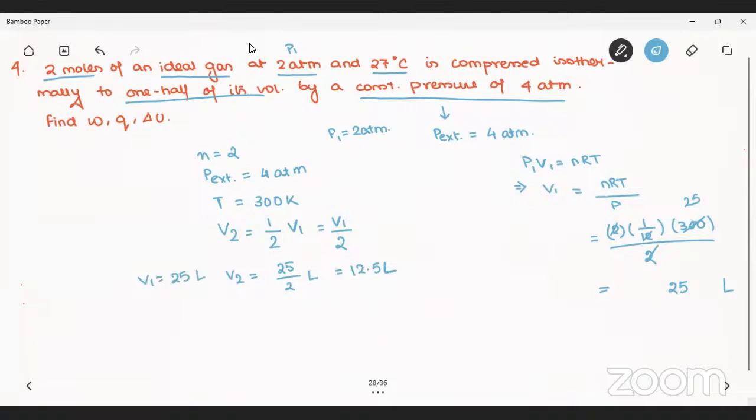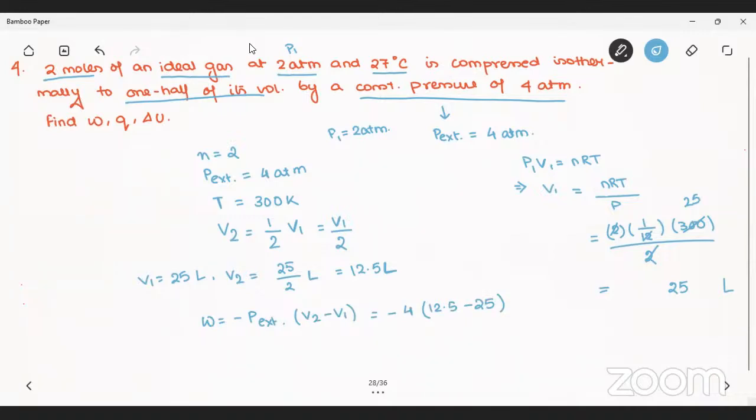Now nothing else is given, so just write the general formula. W is equal to minus P external times V2 minus V1, that is delta V. So minus 4 into 12.5 minus 25.